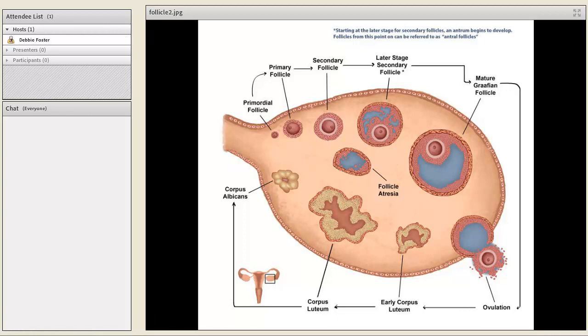Then it starts up again at puberty, and you go into the finishing of the first phase of meiosis. That occurs at ovulation, where the first cycle of meiosis is complete. The second cycle of meiosis doesn't complete unless the egg is fertilized. If it's not fertilized, it never completes meiosis as we learned it in biology.